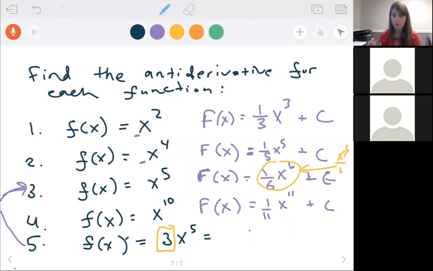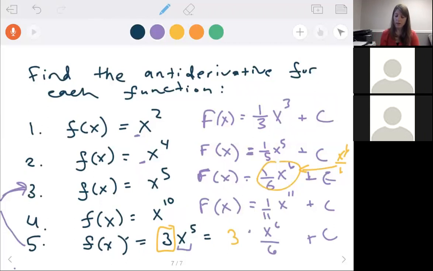When we did derivatives, we could pull the constant out in front, ignore it, and differentiate all the rest. Because you can do it for derivatives, it works in reverse for antiderivatives. So what we're going to do is hold that constant, and then think about what our solution was if we just had the x to the 5th. Now, you don't have to necessarily carry that 3 over the constant, because 3 times a constant is still a constant.